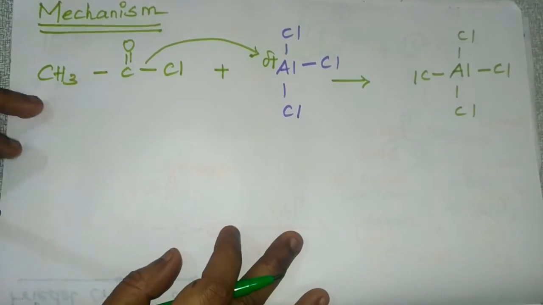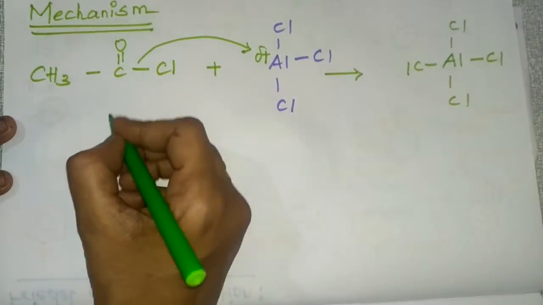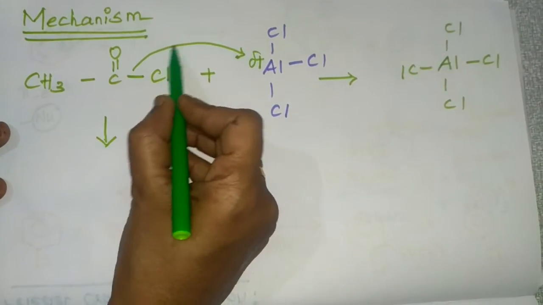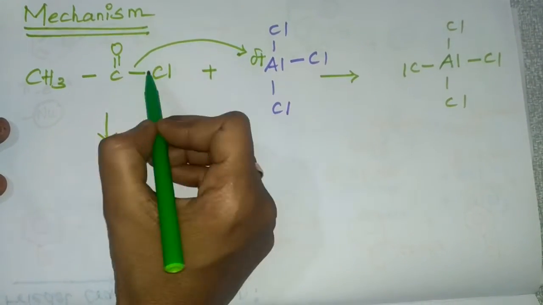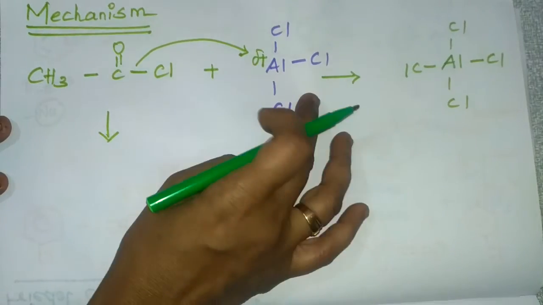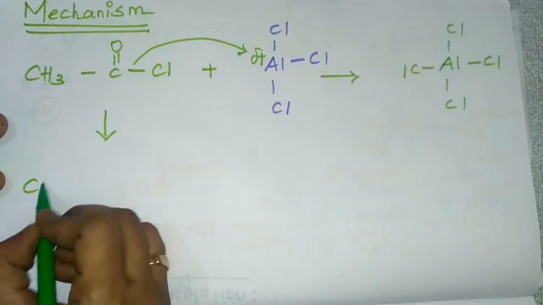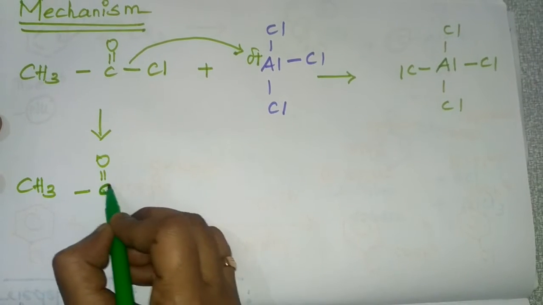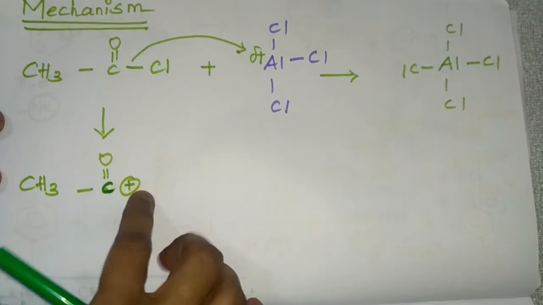Okay, and what happens to this acetyl chloride after giving electrons? After this chlorine has come out from here, what will be the charge of this one? CH3 C double bond O, and the charge will become positive.